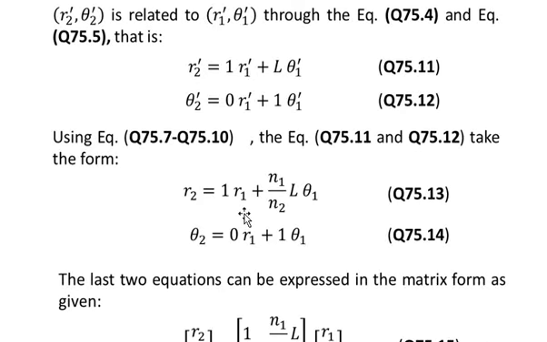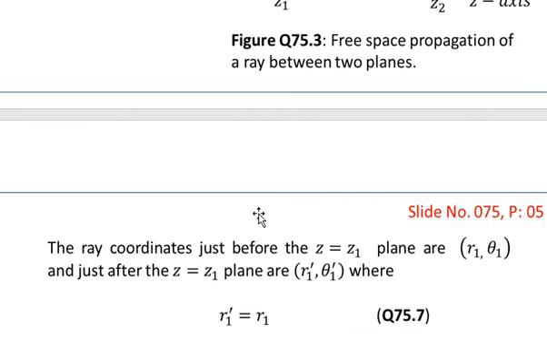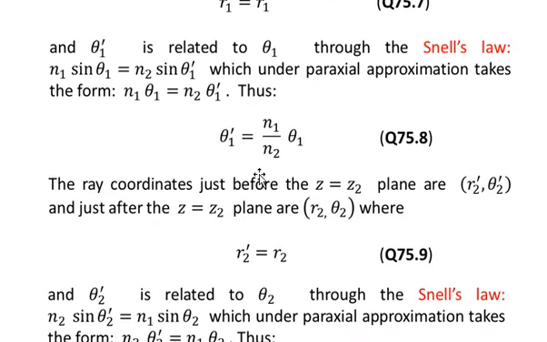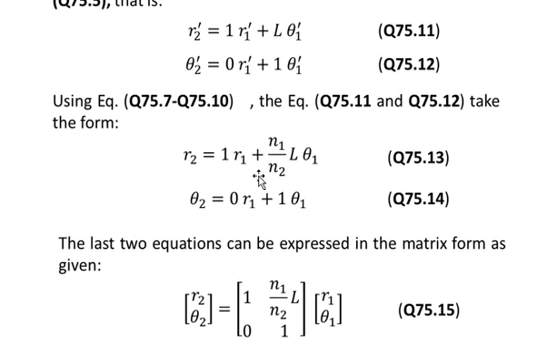And similarly we can write r2 in terms of r1 through the relationship that r2 is equal to 1 into r1 plus n1 over n2 into capital L into theta 1. So this is how we relate r2 with r1.